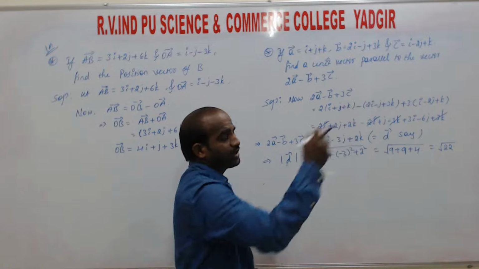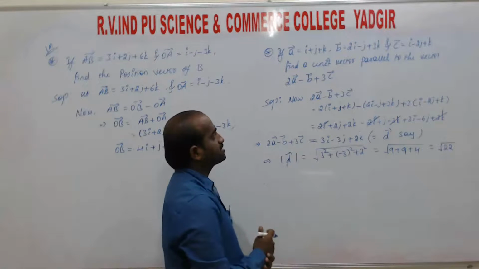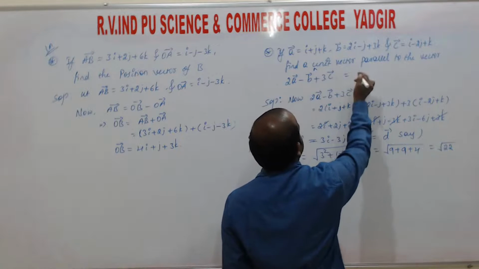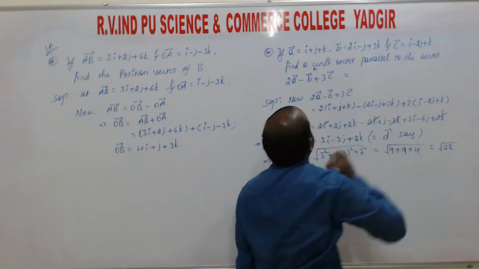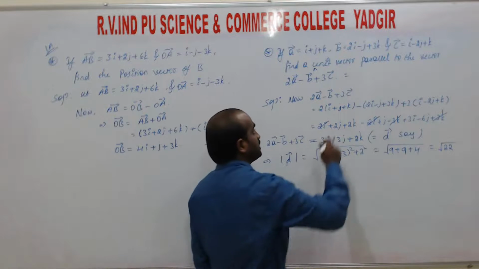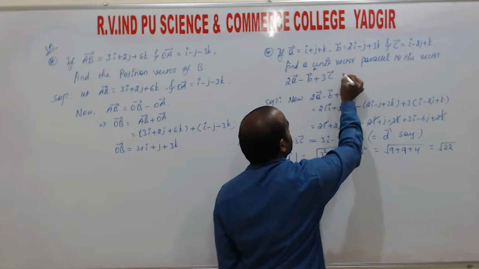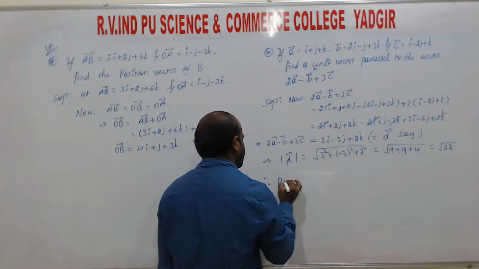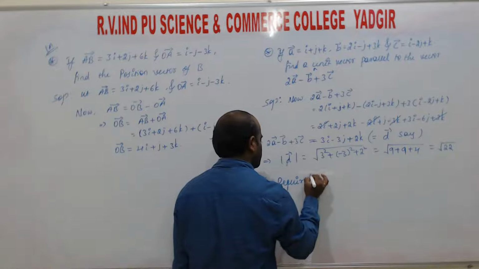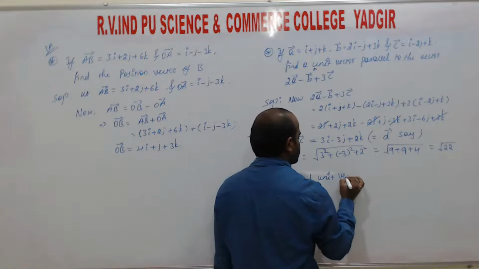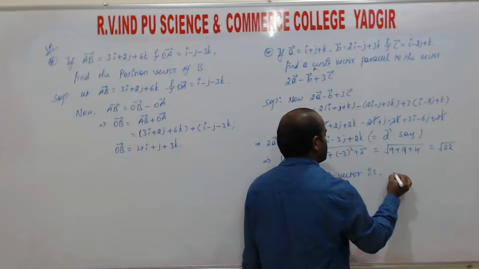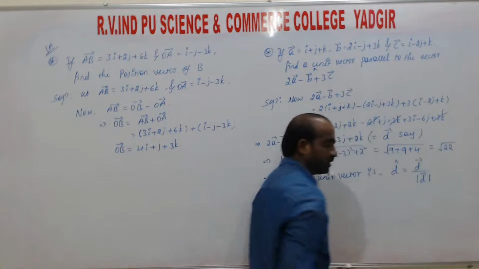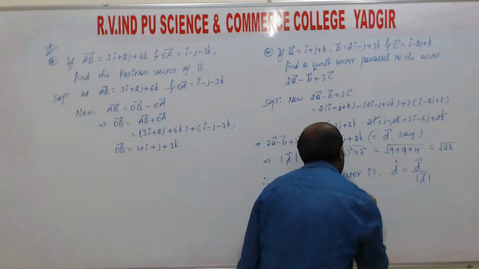Therefore, required unit vector parallel to the vector 2a minus b plus 3c is whole cap equal to 2a minus b plus 3c divided by magnitude of 2a minus b plus 3c. Taking it as d vector, required unit vector is d cap is equal to d vector divided by magnitude of d vector.